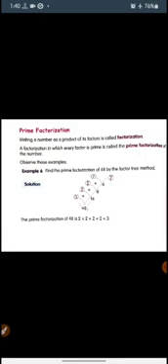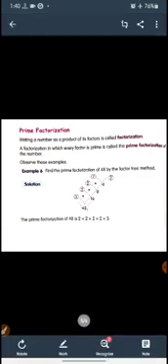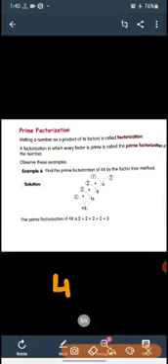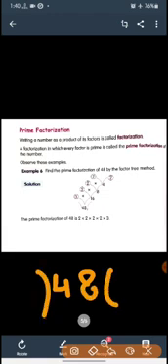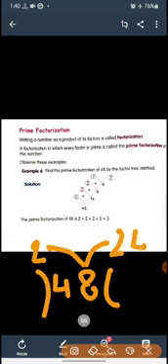For example, here 48 is given. So here is a branch of 48. When we divide it first by 2, we get 24, since 2 twelves are 24.